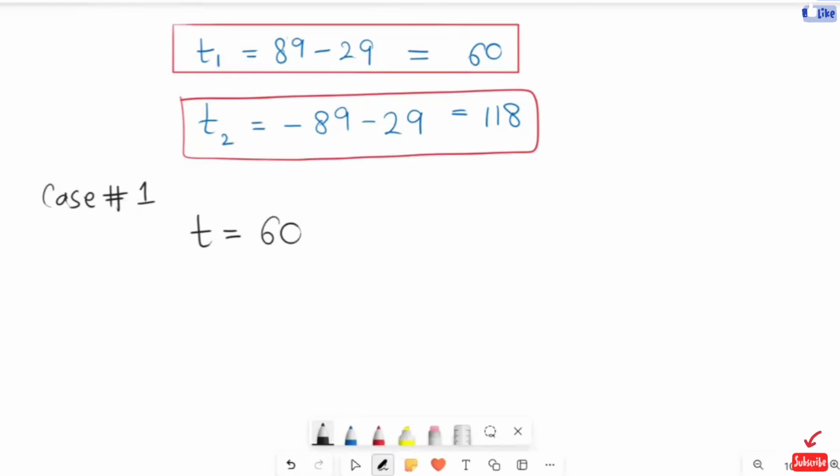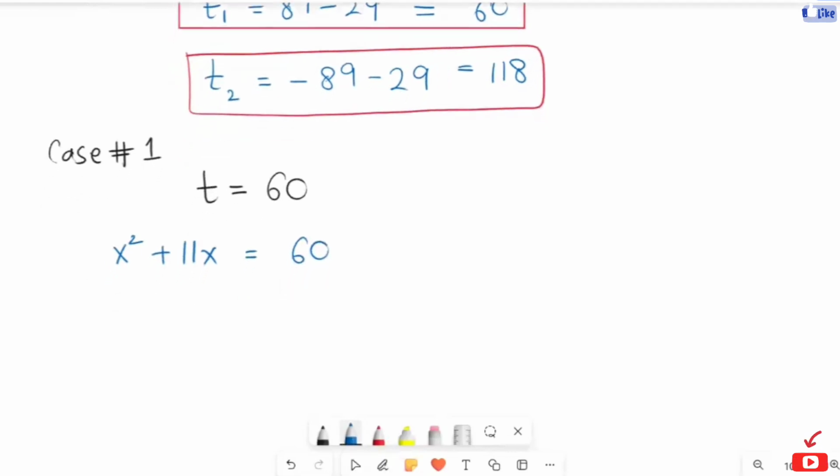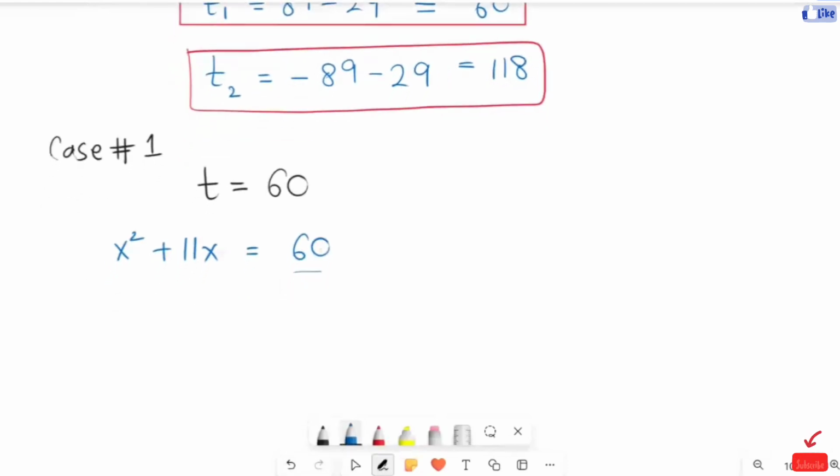So we are going to write in replacement of t, x squared plus 11x is equal to 60. Now I am going to take this 60 to the left hand side. So here this will turn to a negative 60.